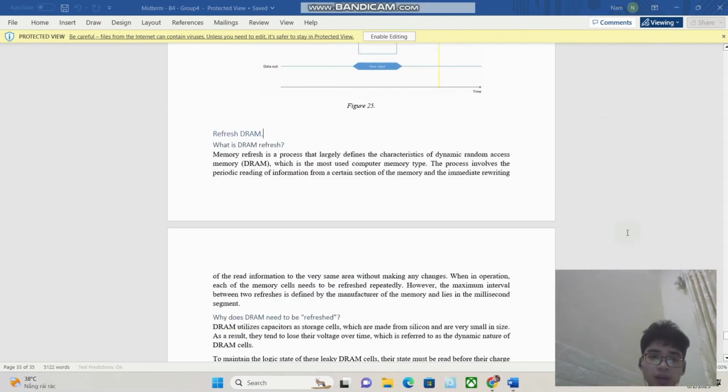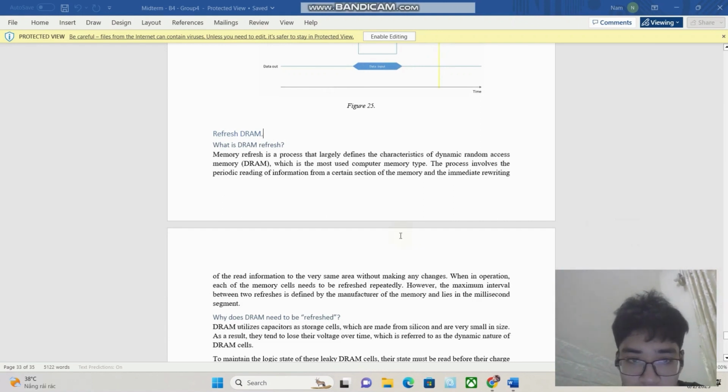The last thing is refresh DRAM. 1. What is DRAM refresh? Memory refresh is a process that largely defines the characteristic of dynamic random access memory, also known as DRAM, which is the most used computer memory type.